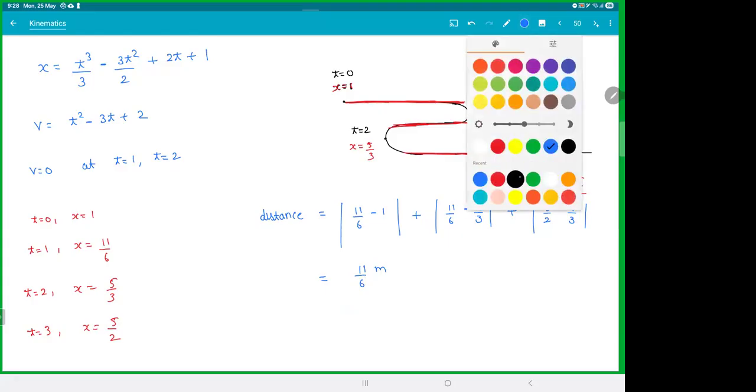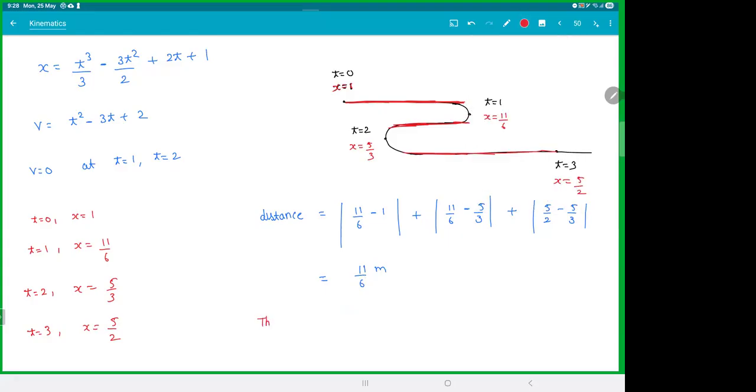So if I have to describe this motion, the particle goes from x is equal to 1 to x is equal to 11 by 6, turns back, goes to 5 by 3, and turns back.